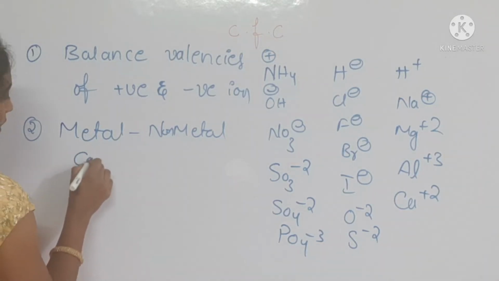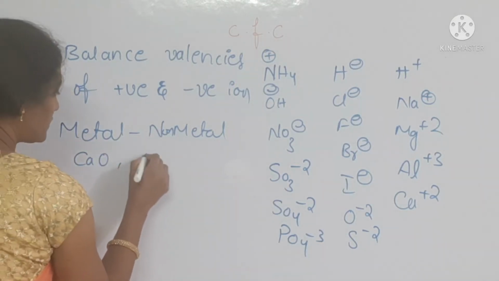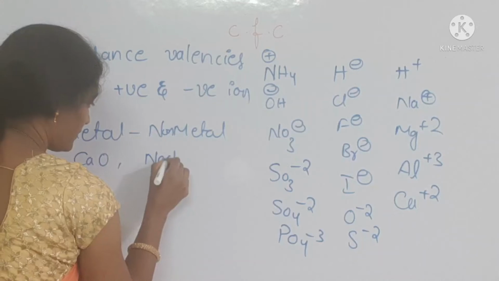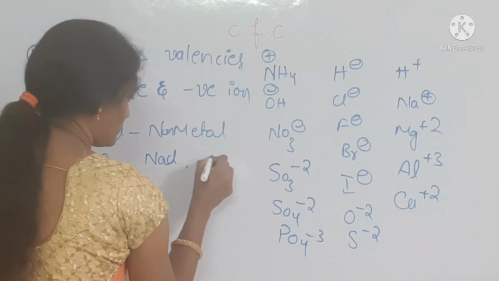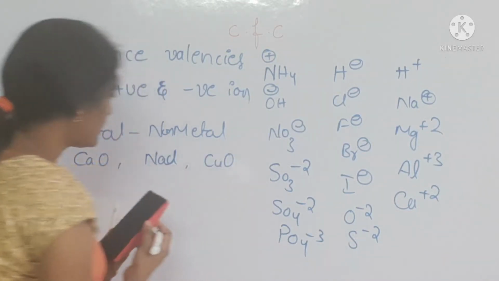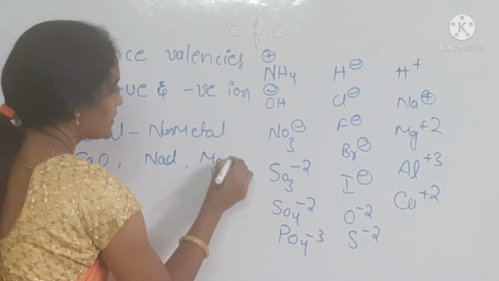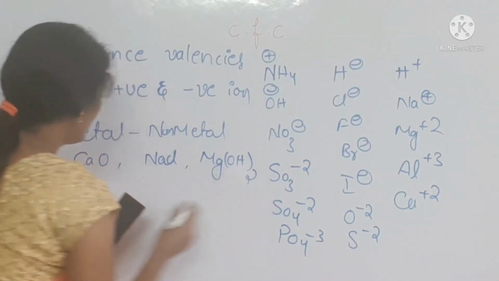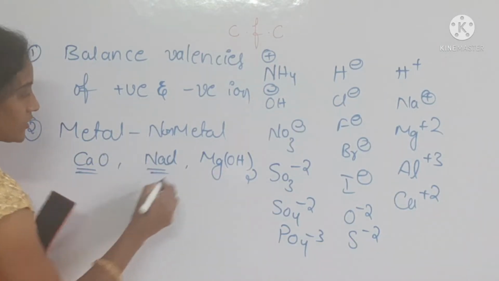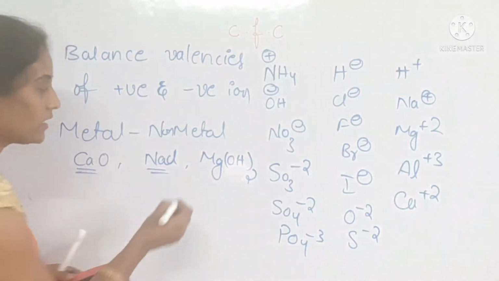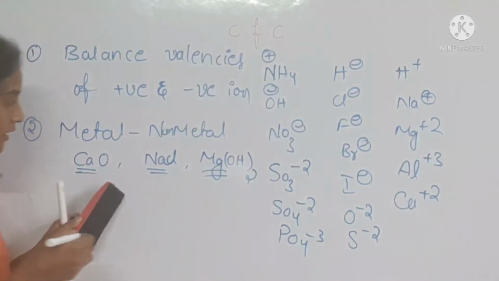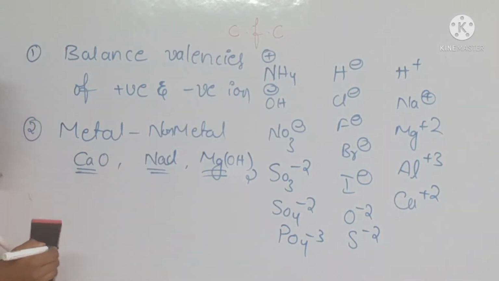CaO, next NaCl, CuO. See here, students, Mg(OH)2. Calcium, sodium, magnesium, these are all metals, students. We have to write the metal's name first, then after that the non-metal name.